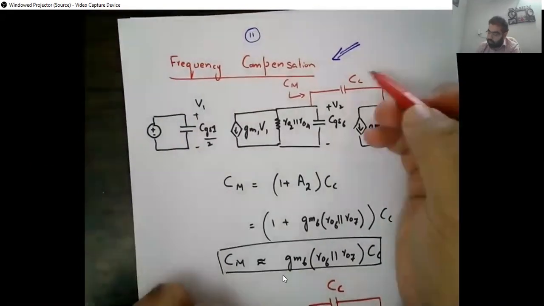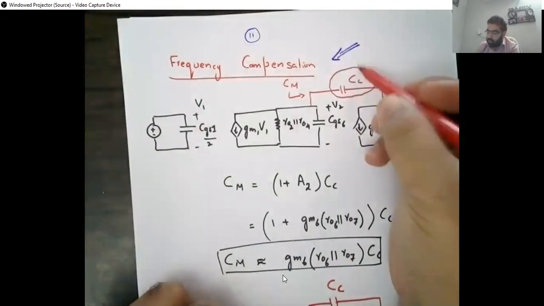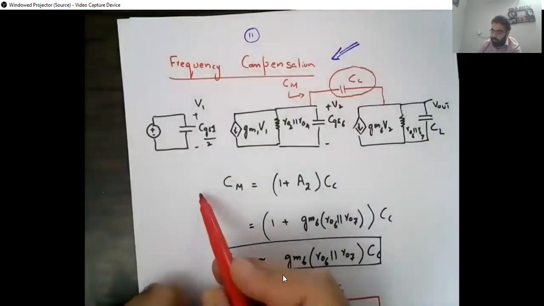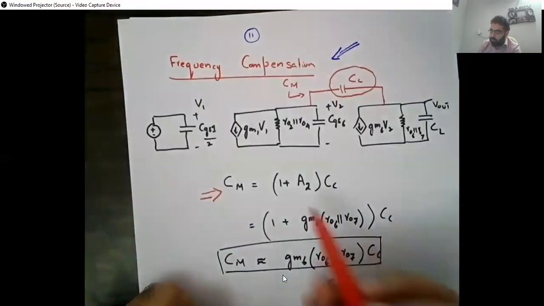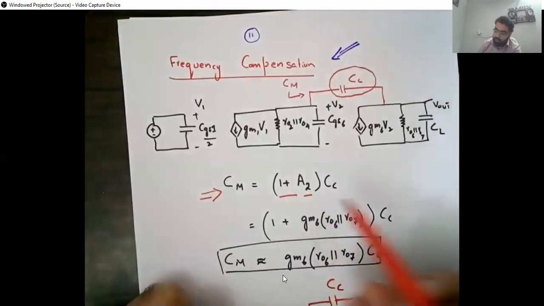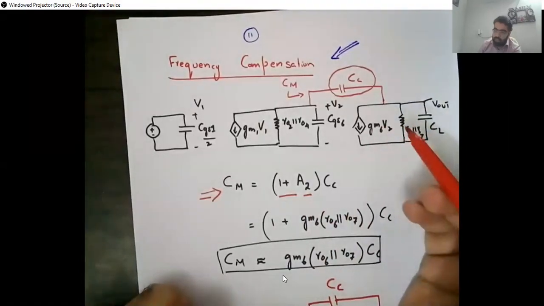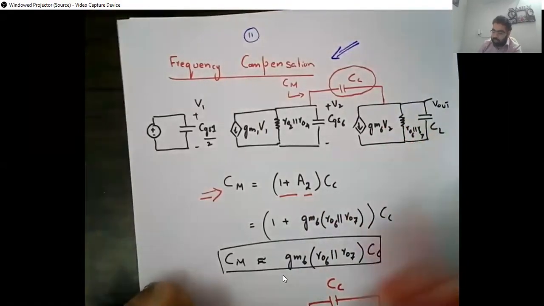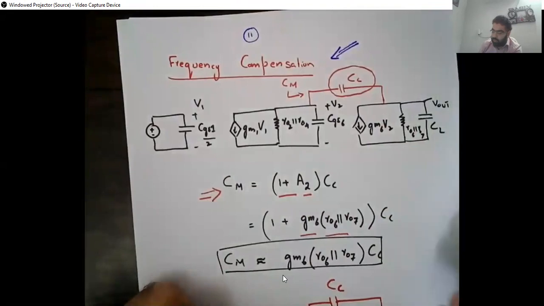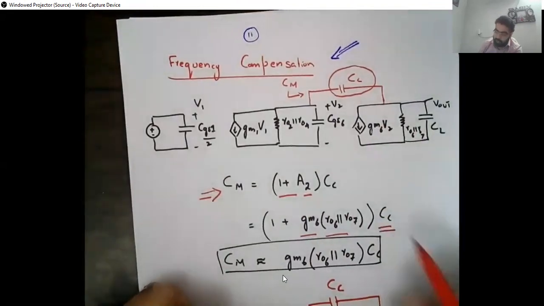Because of this capacitor, we are going to have a Miller effect, Cm, which is 1 plus A2 times Cc, where A2 is the gain of this stage, that is gm6 times the parallel combination of ro6 and ro7, multiplied by the compensation capacitor.